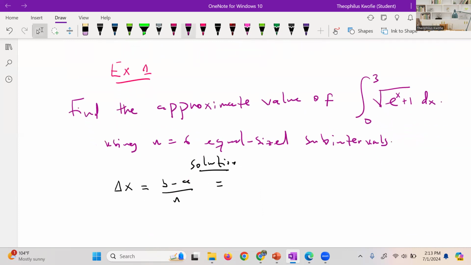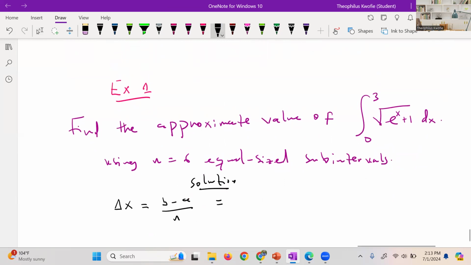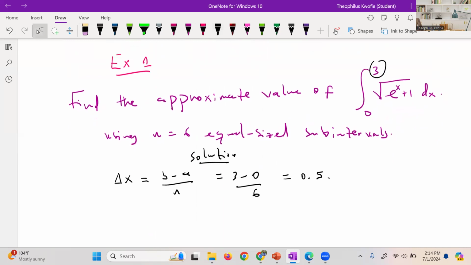All right, so what is our b? Per the question, our b is the upper limit of the integral, which is 3, and our a is 0, and our n, we're given 6, which means that we're going to have 0.5 as our width.